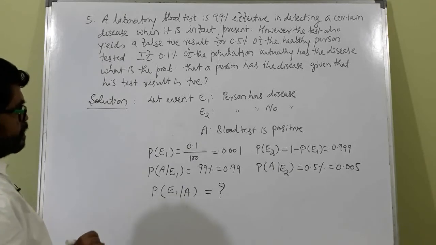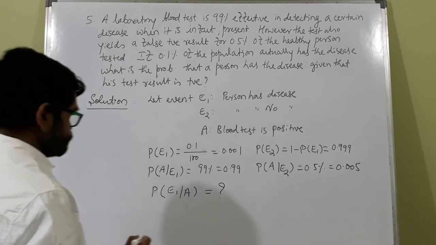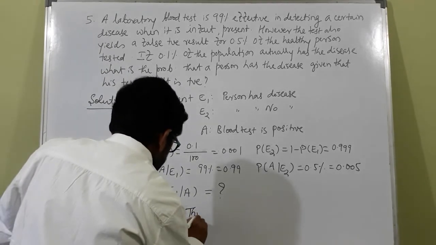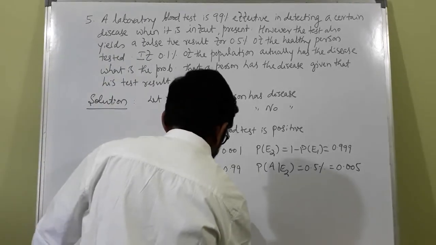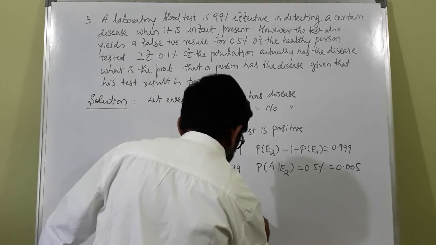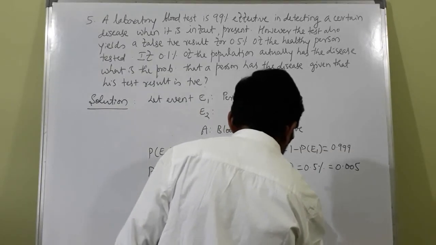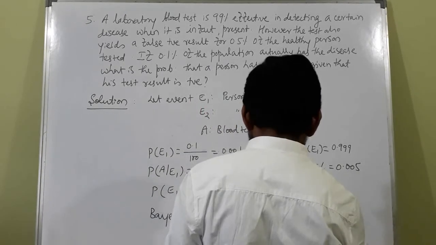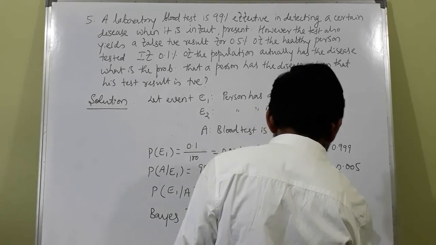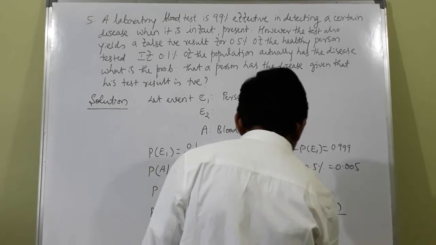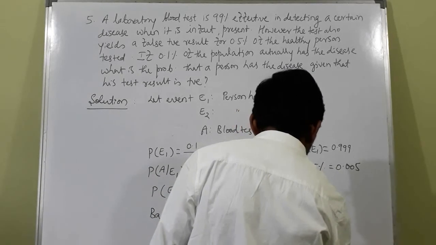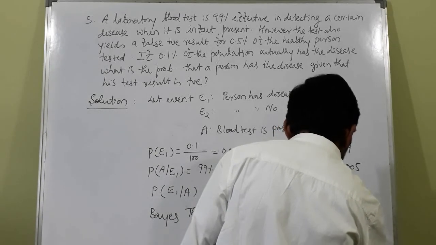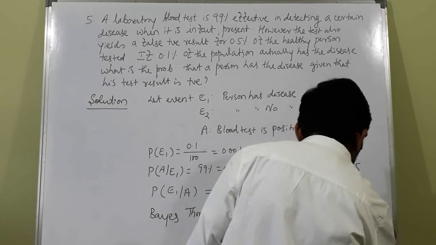For that, apply Bayes' theorem. Bayes' theorem is: probability of E1 given A is equal to probability of E1 into probability of A given E1, divided by probability of E1 into probability of A given E1 plus probability of E2 into probability of A given E2.